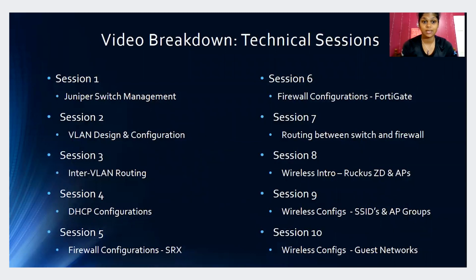We'll get into that. After that, we're going to discuss the VLAN design that I would have proposed and how to configure the VLANs. We will also show you in session 3 how to get those VLANs to talk to one another. So if you have multiple departments and you want, say, HR to talk to somebody in accounts, they can do that using the switch.